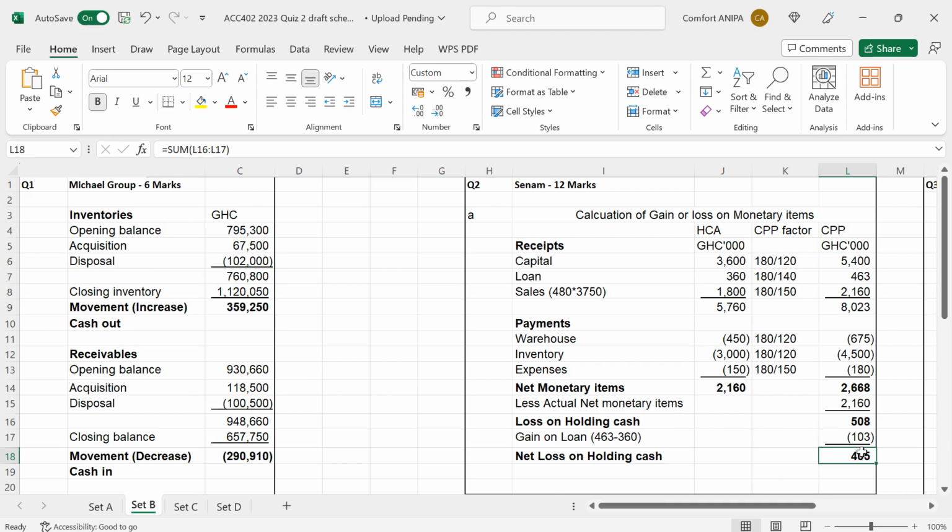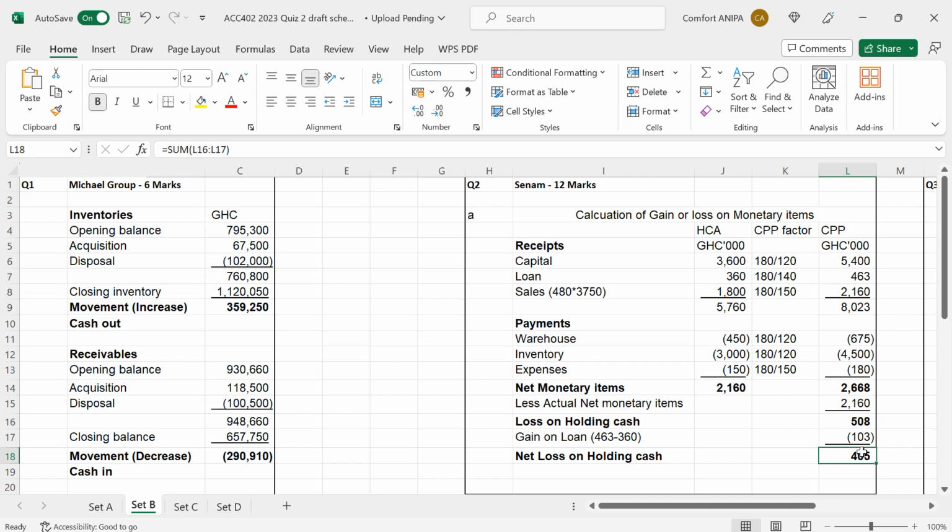Then your question 3 is about Takoradi acquiring 80% of Yaoundé. Takoradi acquiring 80% of Yaoundé. And again, cash paid in cedis.